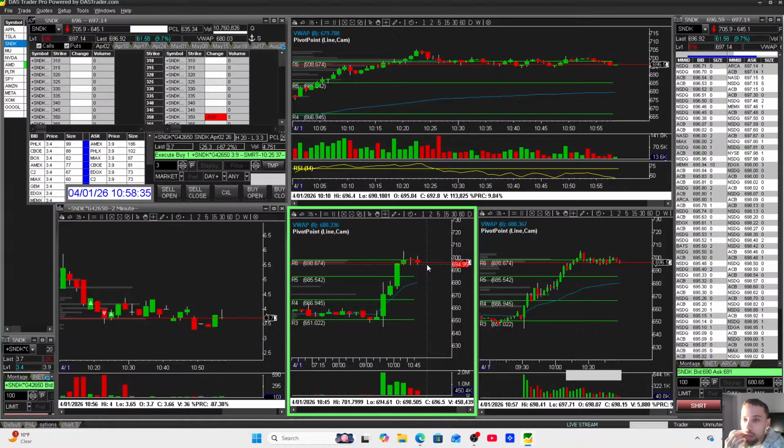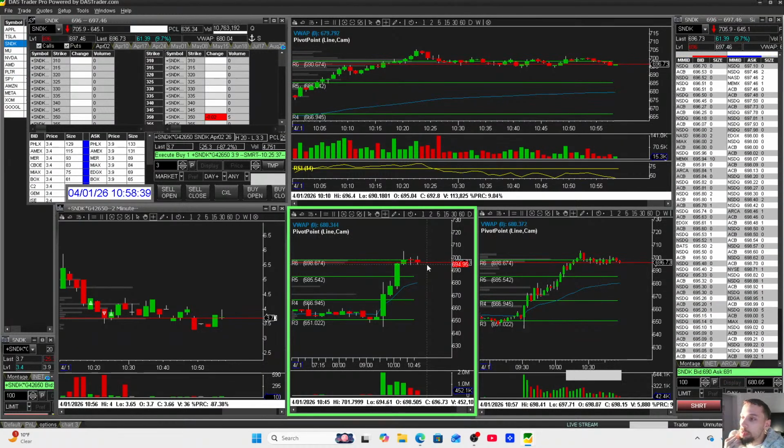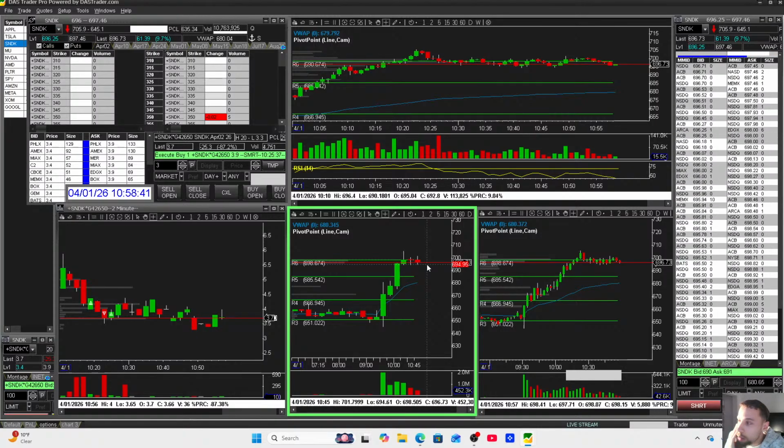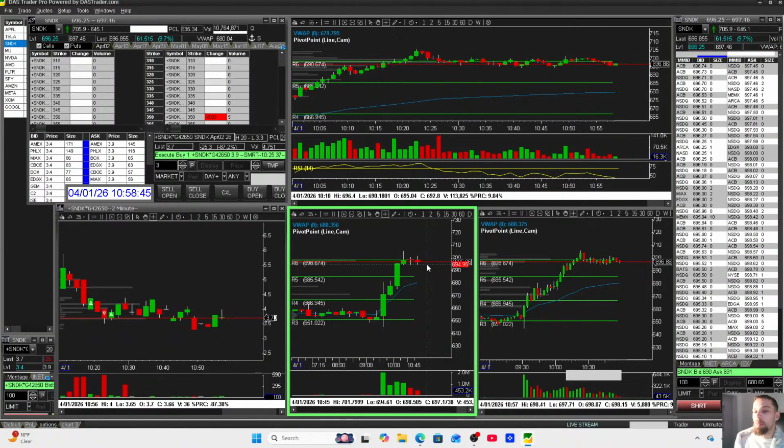Qs are looking good, trying to bust out of R4, get away from R4. SPY's moving up, it's above the opening 15-minute candle.